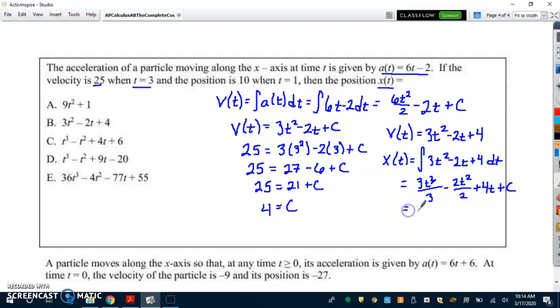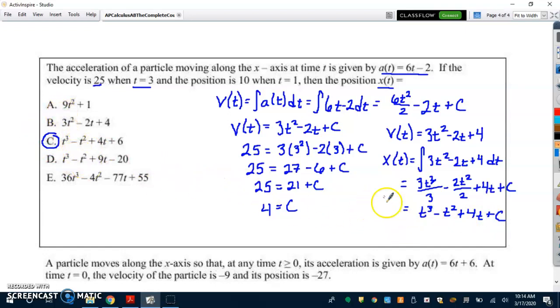Let's simplify that guy. That's t cubed minus t squared plus 4t plus c. Well, if you look at your multiple choice options, I think we're down to only one option left. t cubed minus t squared plus 4t plus c. Well, that's got to be this guy right here, letter C.